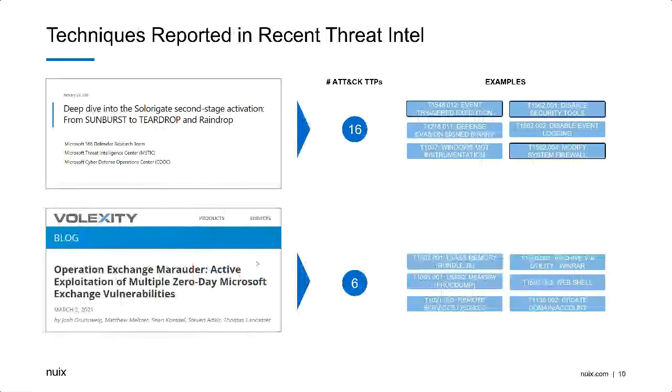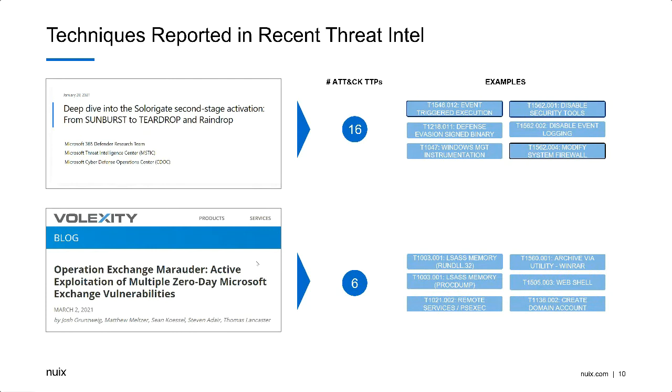So if you just peel that back a little bit and ask, what specifically was observed in these SolarWinds and Hafnium attacks? I picked two individual threat intelligence reports, one from Microsoft on January 20th, where they did a deep dive into what happened after the compromised SolarWinds DLL arrived and the second stage began.